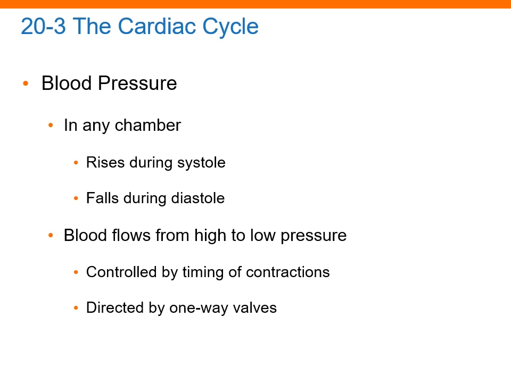That's really critical to understand. The only thing that would prevent that would be the valve closing. So when the ventricular pressure is higher than the atrial pressure, the only thing preventing it from going backwards is that valve design. Again, the high to low pressure is controlled by the timing of the contractions and the one-way valves.